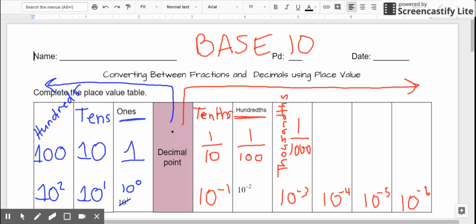All right, so 10 to the 4th power, just like the same pattern here, as a fraction, that's going to be 1/1 with 4 zeros. Or in other words, 1/10,000, making this the 10,000ths column.